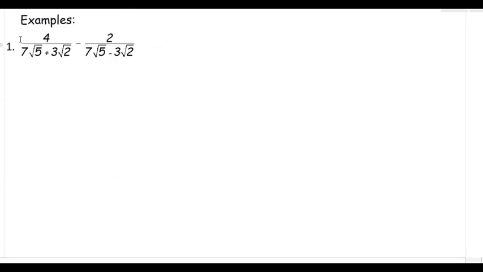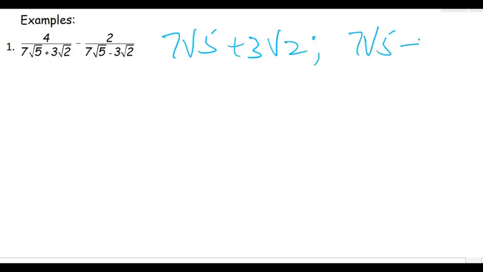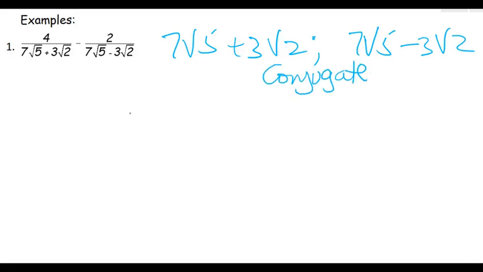That is the idea we are going to use for questions that are in this case. Our first example is 4 over 7 root 5 plus 3 root 2 minus 2 over 7 root 5 minus 3 root 2. We realize that 7 root 5 plus 3 root 2 and 7 root 5 minus 3 root 2 are conjugates of each other. Hence, if we multiply the two of them, the root sign is going to be eliminated.